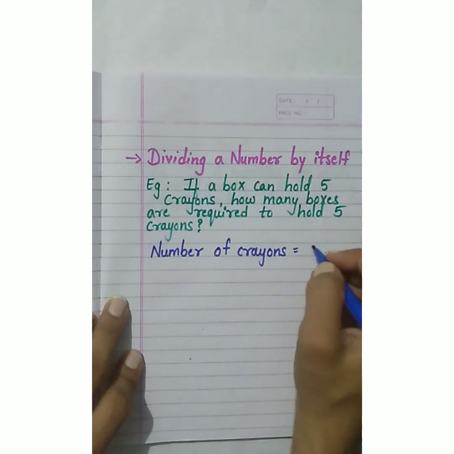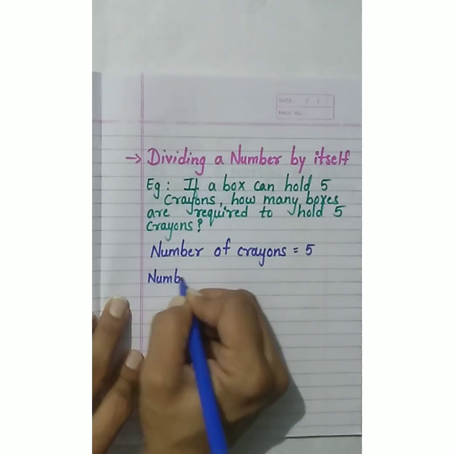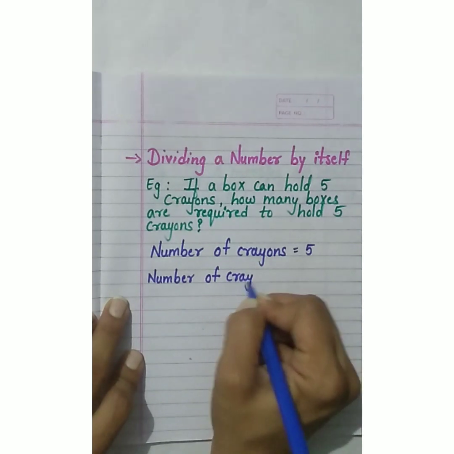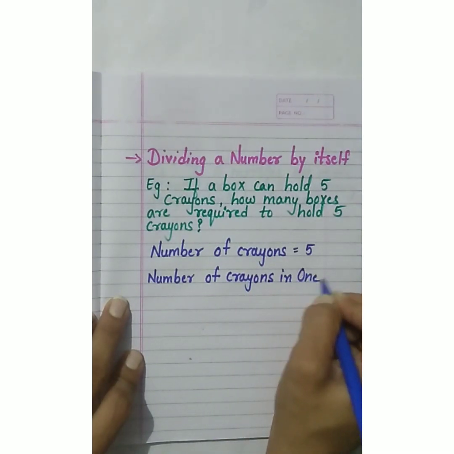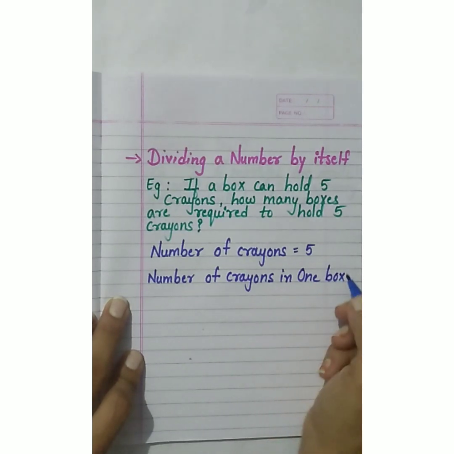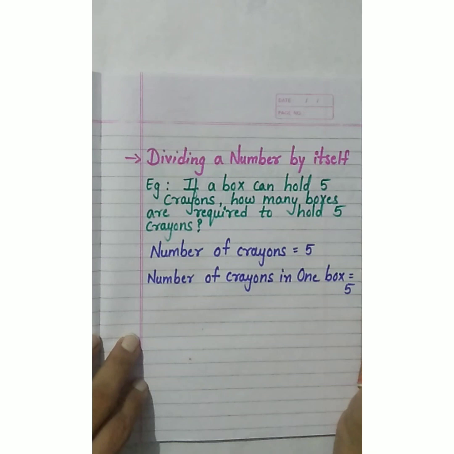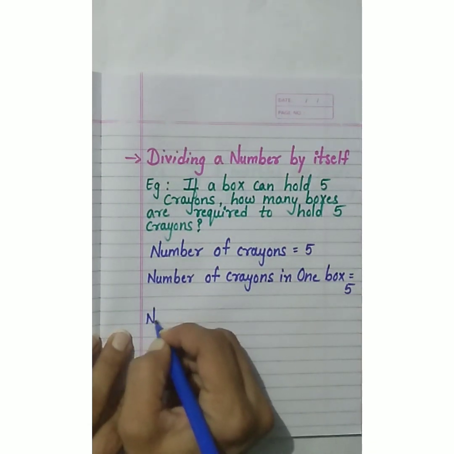How many crayons do we have? 5. Then number of crayons in one box. How many crayons can be put in one box? 5. So, what will be our third statement?